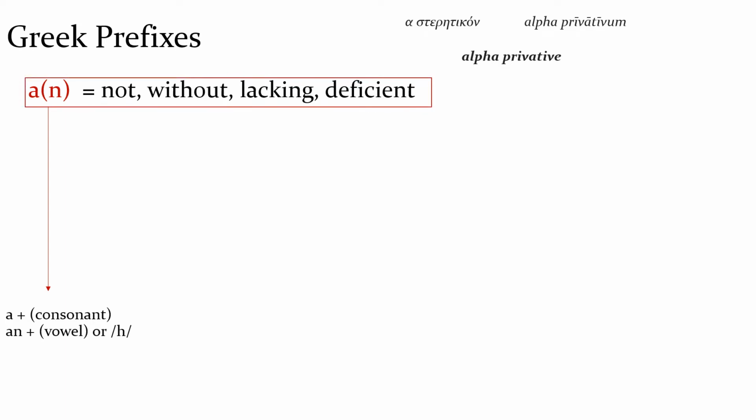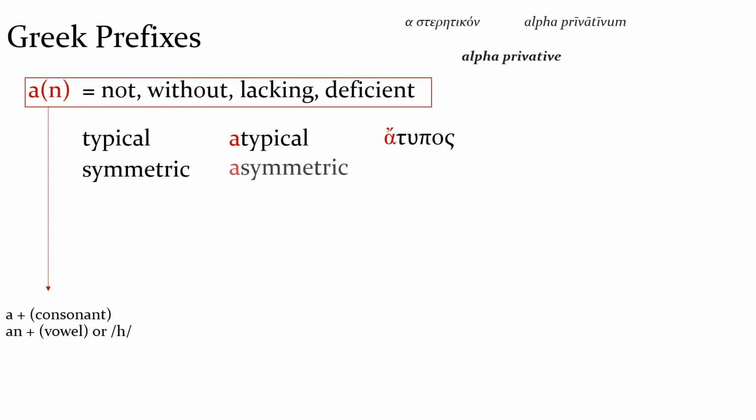And you might be thinking, there's no way we have anything like this in English, but we've got hundreds and hundreds of examples. So we have the word typical, and the opposite of that is atypical. There's your alpha privative. And in Greek, for those of you on the Greek side of my lessons, you have the word atypos.